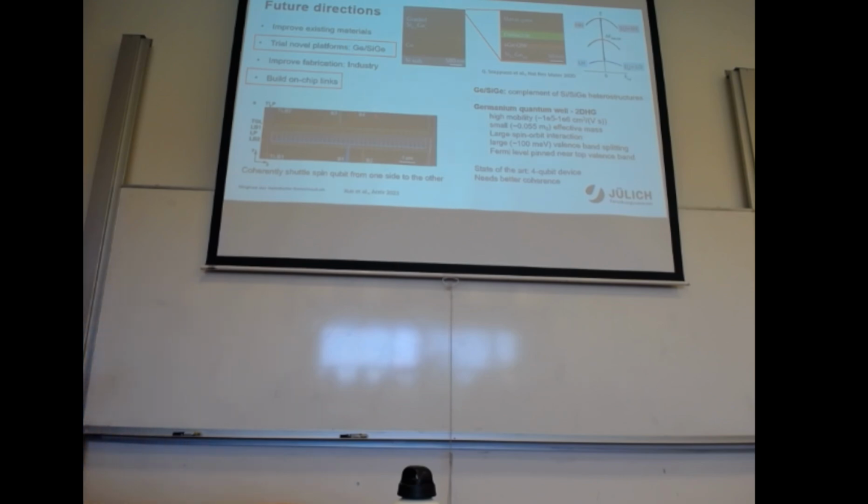So from an architecture viewpoint, there are many open questions there. We will see if germanium performs better than silicon. I think it's an open question. There are many attractive aspects, but also some drawbacks. So we will see. It's part of our team's effort to contribute to answering that.